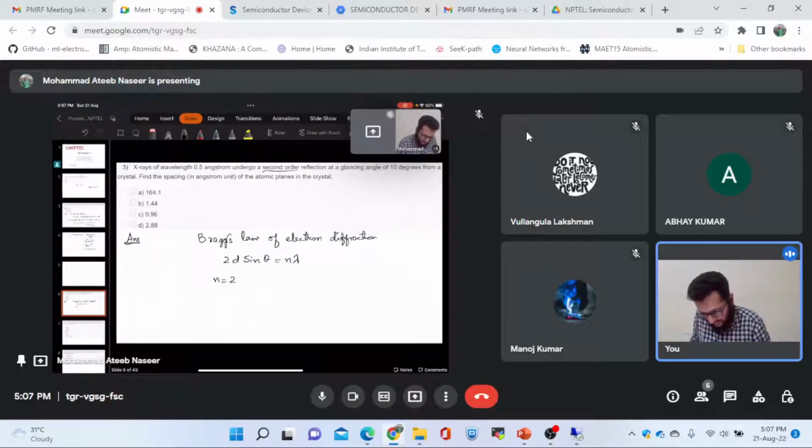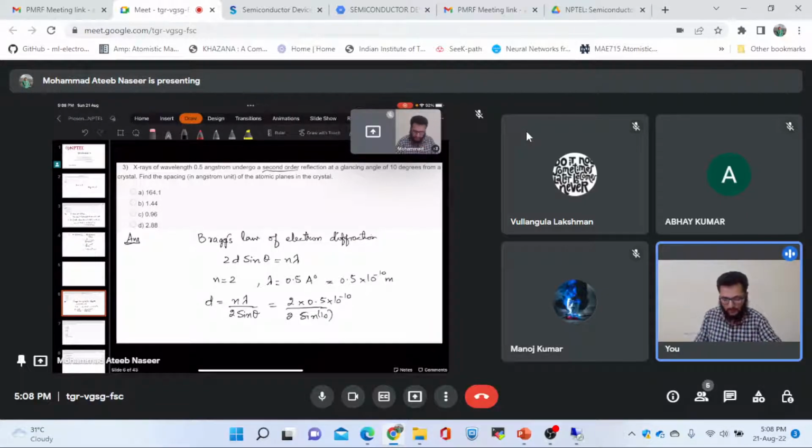The wavelength here is 0.5 angstroms, which is equal to 0.5 into 10 raised to the power minus 10 meters. So now we will simply write this d. This d will be given by n lambda by 2 sine theta, and theta is 10 degrees. We will write it as 0.5 into 10 raised to the power minus 10 divided by 2 times sine of 10. Now let me calculate the values.